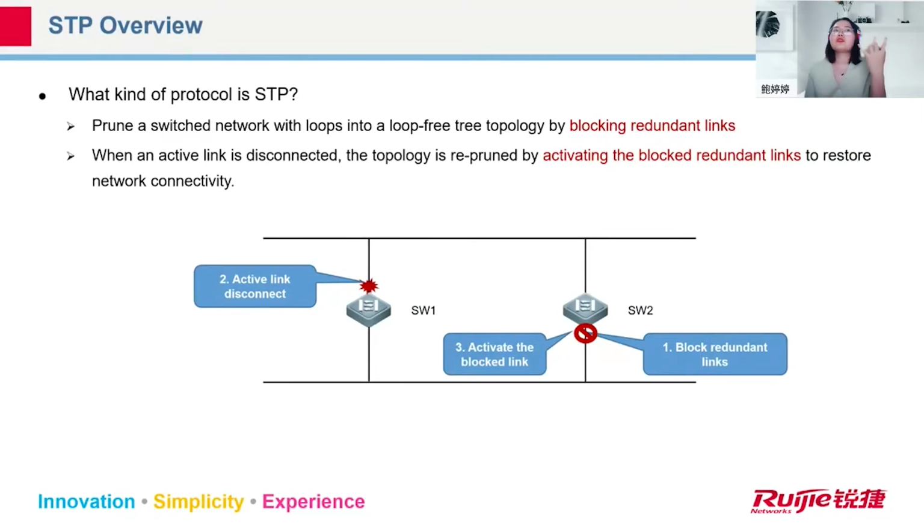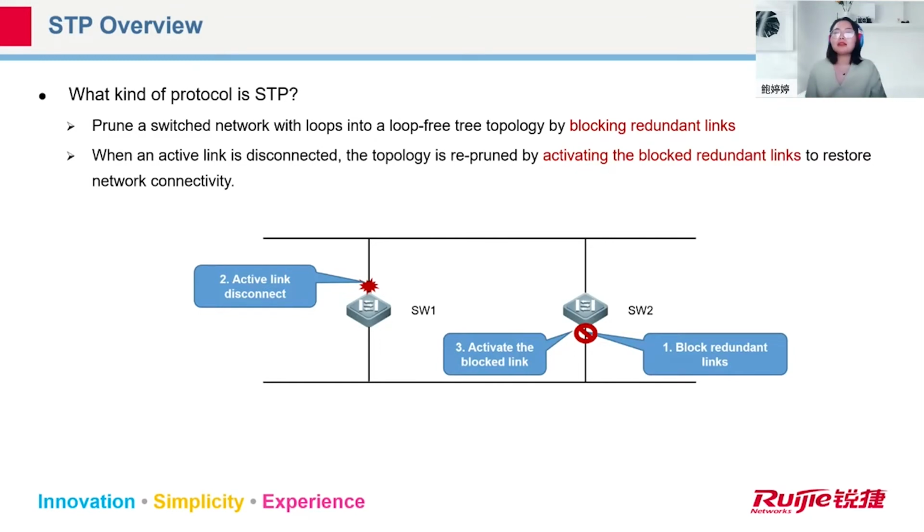So this is the function of STP. The first one, we can block the redundant link. And then after the normal link is broken, we can also activate the redundant link automatically, so we can use a backup link again. So this is the function.